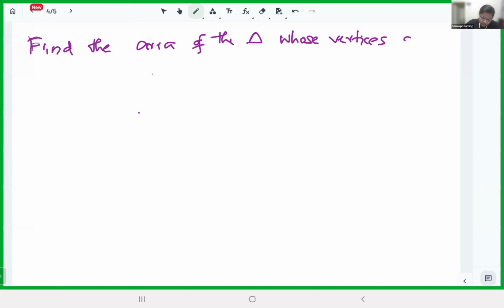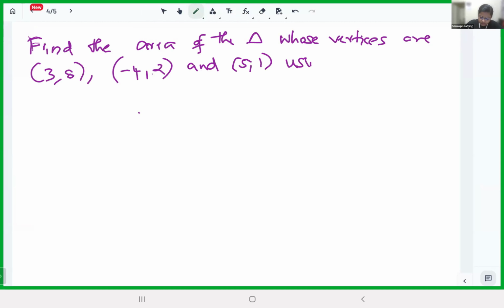So moving on to our next question. Find the area of the triangle whose vertices are 3, 8, minus 4, 2 and 5, 1 using determinants.